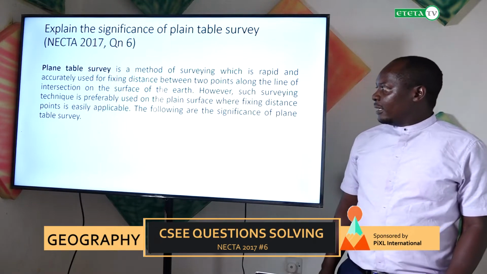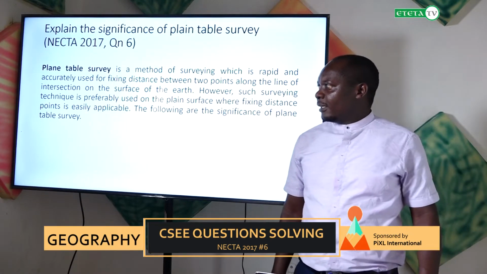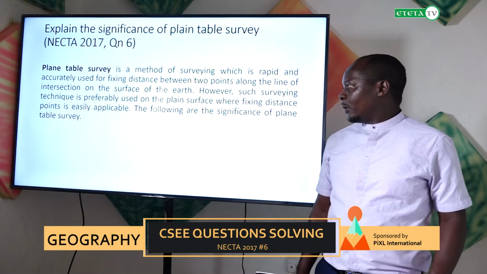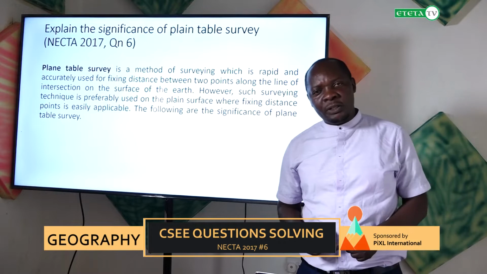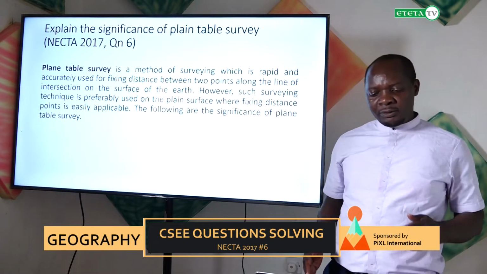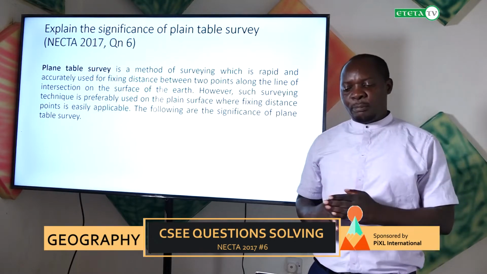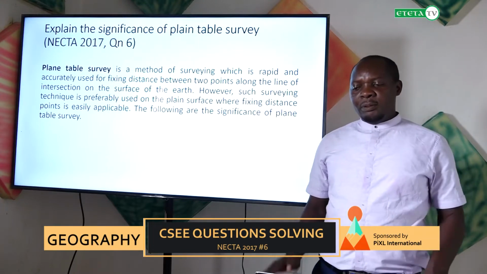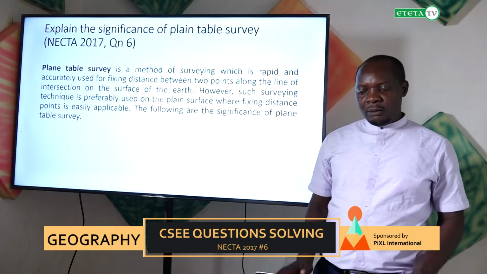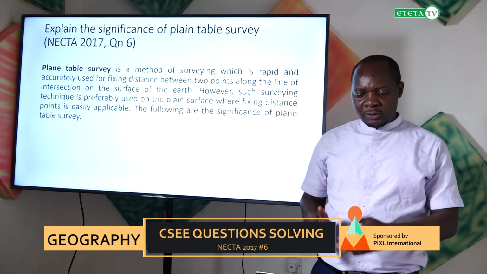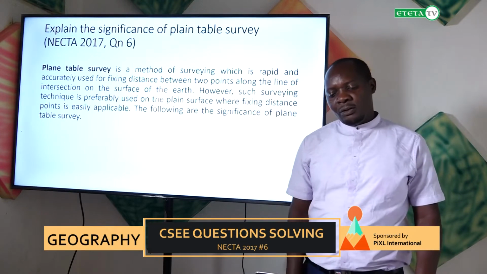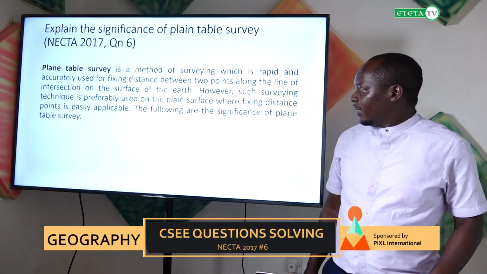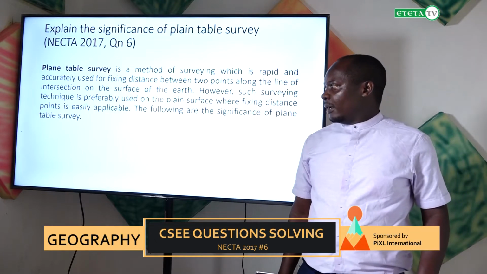And basically, such a surveying technique is preferably used on plane surfaces, where fixing the distance of objects is made possible. That means you can more easily fix the distance points of the object in the plane area where the number of obstacles is limited. That is what we call a plain table survey.